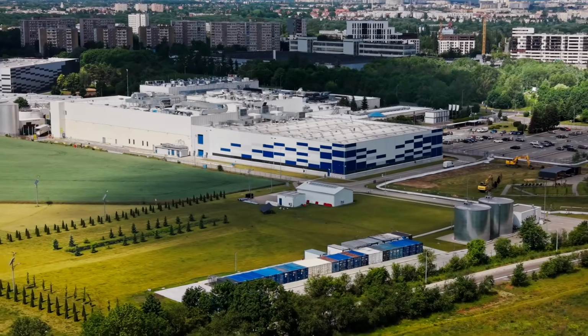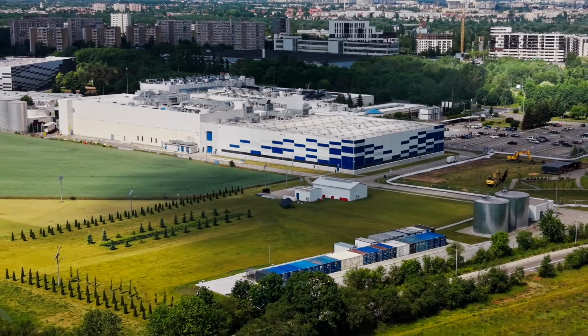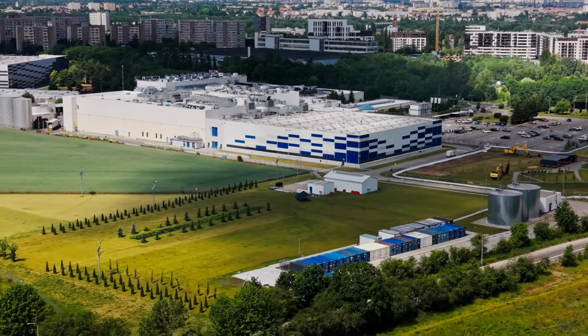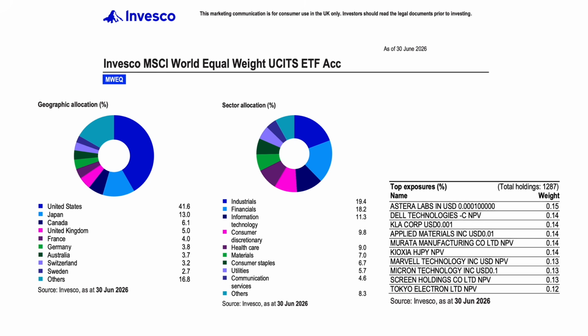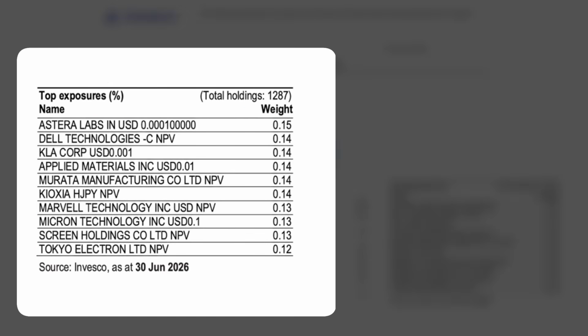But there is a choice you can make. A market cap weighted ETF allocates more money to the largest countries, sectors, and companies. But that isn't the only way to build a global equity ETF. An equal weight ETF gives each company broadly the same weighting, creating a very different portfolio. In this equal weighted ETF, the 10 largest holdings make up less than 2% of the fund.